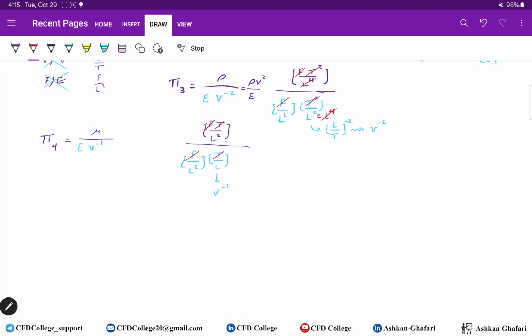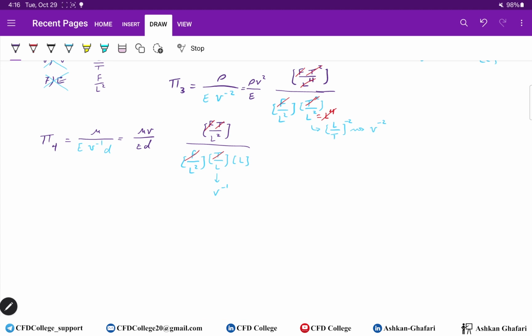Here we have L2. So if I multiply the denominator by L, now we have L2 and L2. So I need D here. So the fourth one is mu V over E D.